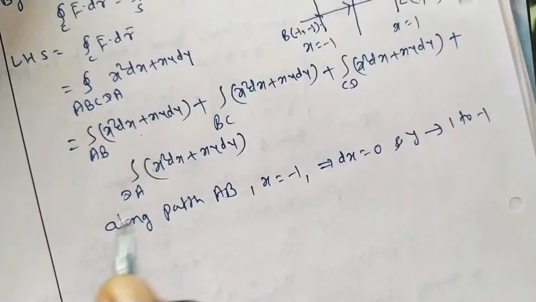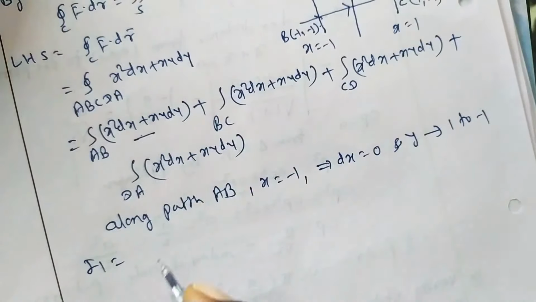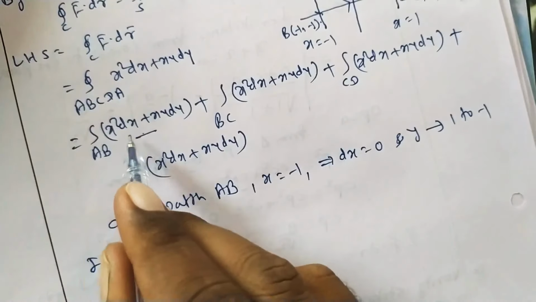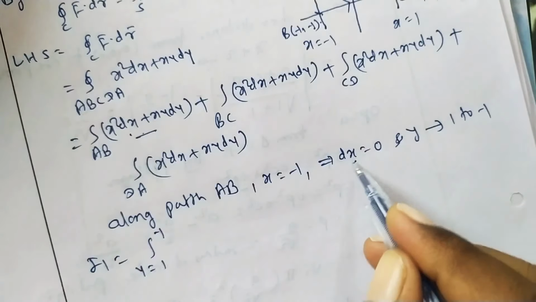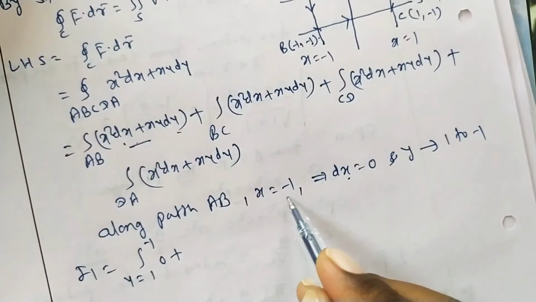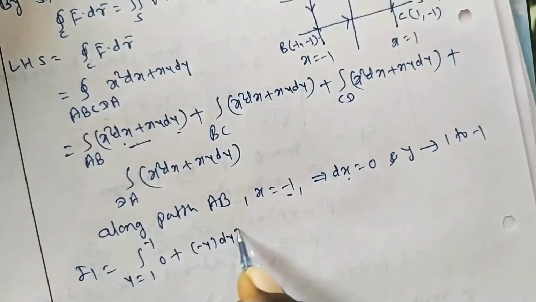Okay, so what will the first integral I1 be? I1 means the value of this integral is equal to the integration with y varying from 1 to -1 of x square dx, but the value of dx is 0, so this is 0, plus xy dy, but x is -1, so -y dy.